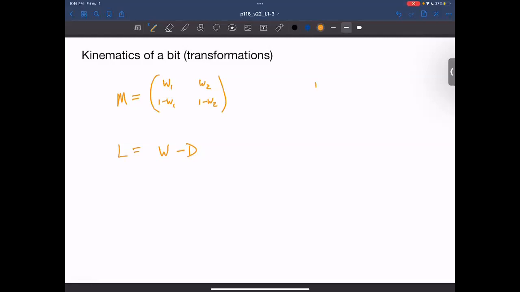Remember, we said that W needs to satisfy a few conditions. The few conditions it needs to satisfy are just that W21 and W12 are greater than or equal to 0. As long as these numbers are greater than or equal to 0, it actually doesn't matter what's on the diagonal. What's on the diagonal will be positive or negative.